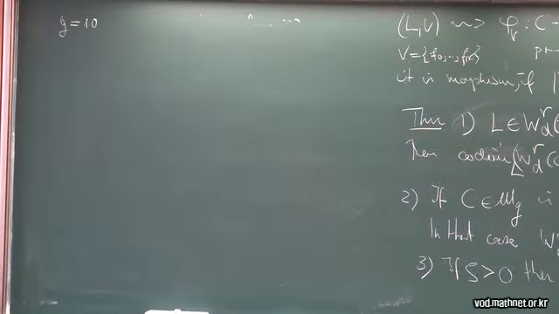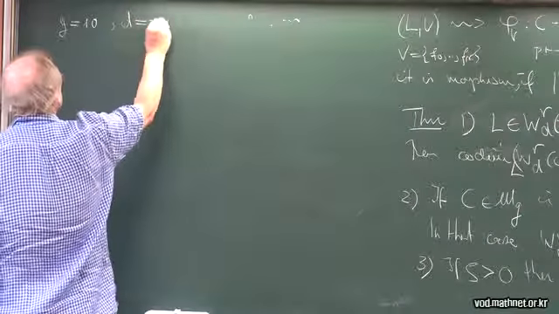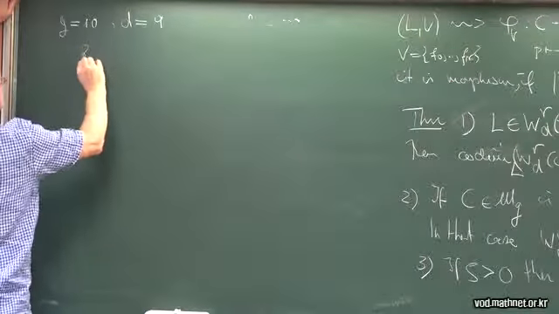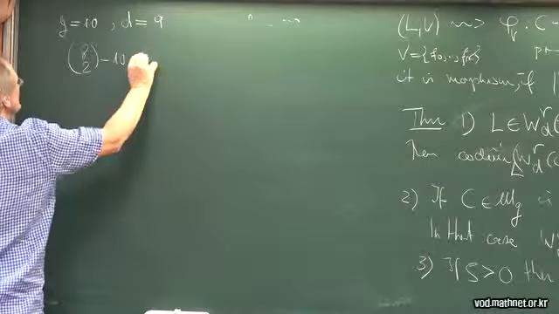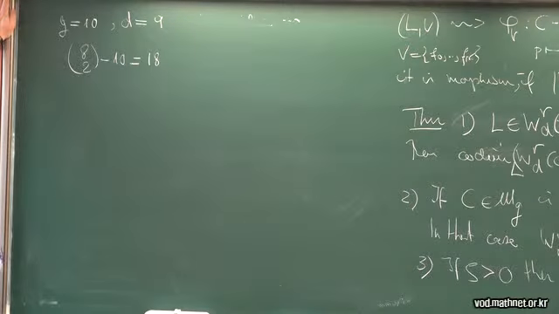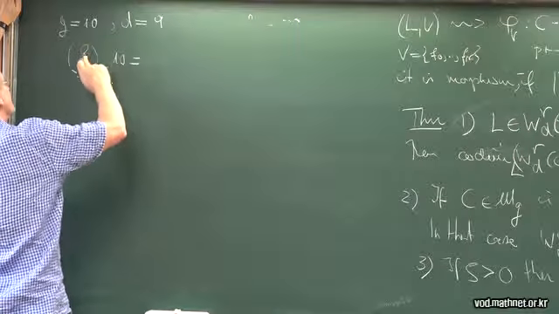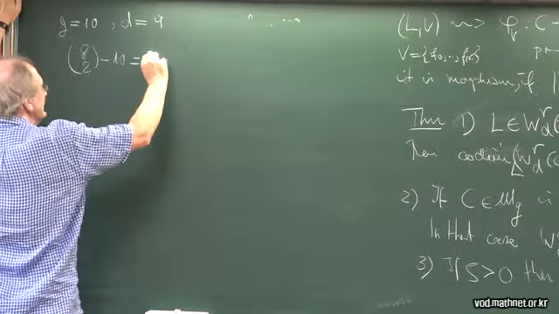Let's see, g is 10. So 20 plus 6, 26 divided by 3 is 8 and a little bit, so it should be 9. D should be 9, and then I have 9 choose 2 minus 10, which is 18. Is this correct? 9 choose 2 is 36 minus 10 is 26... 4 times 7 minus 10 is 18 double points.